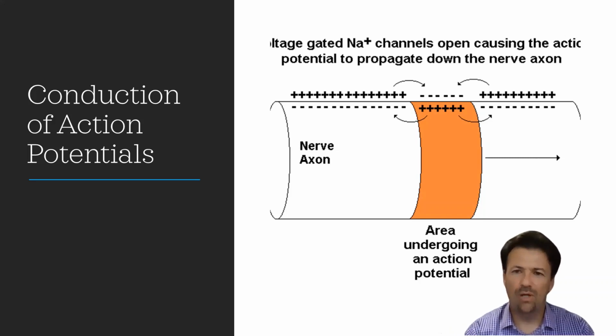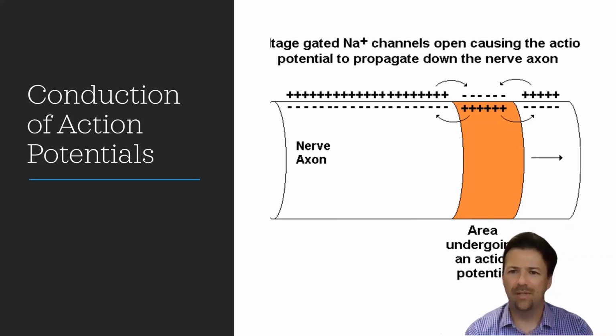Now, the question that we want to ask now is what's going to happen next? And I'm sure you can work it out. The positive charge is now going to flow to the next segment. It's going to cause depolarization. It's going to cause the opening of voltage-gated sodium channels. It's going to cause sodium to come in. And the action potential is now going to flow to this segment.